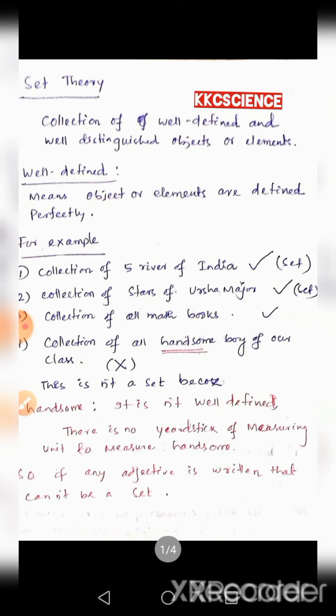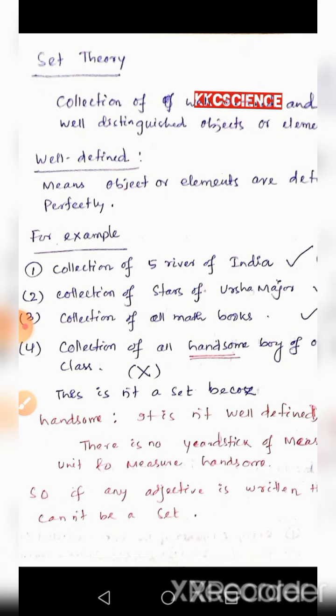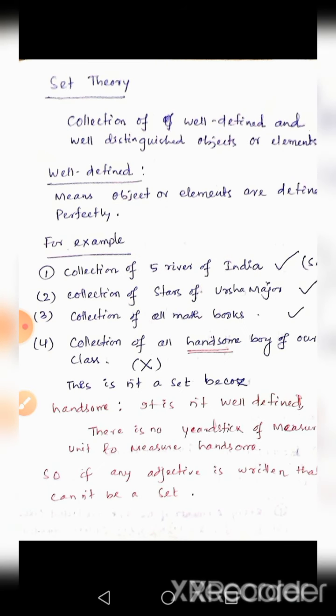To help you understand better, I will give you some examples. If I say a collection of 5 rivers of India, here you can distinguish the 5 rivers, so it is well defined, because you may take any 5, that may be Ganga, Godavari, Narmada, Sindhu, Mahanadi.